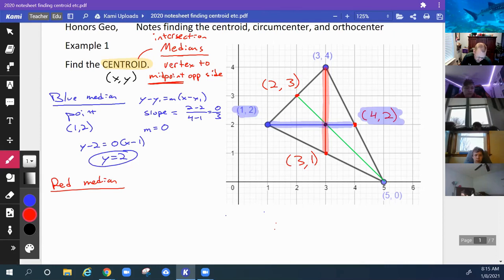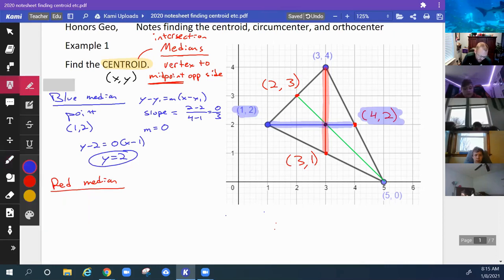All right, and remember that the 2 points that make up the red median are going to be 3, 4, and 3, 1. Okay, so those are going to be the 2 points of the red median. So again, going through the same thing, I need a point and I need a slope.